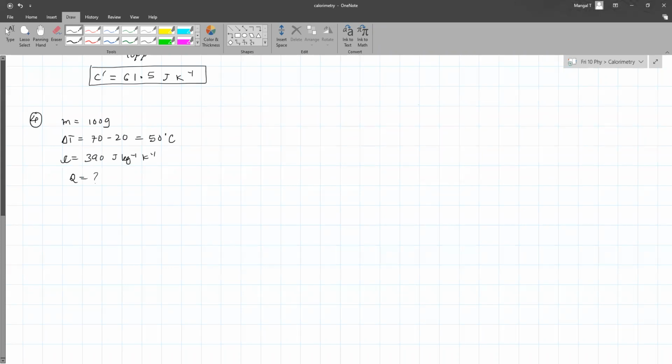So they are asking us to find the energy required, which is mc delta T. Now this is 100 grams and this is joule per kg. So that has to be expressed in kilograms. So this is 390 and 50. So this answer will be 39 into 50. That will be 1950 joules.